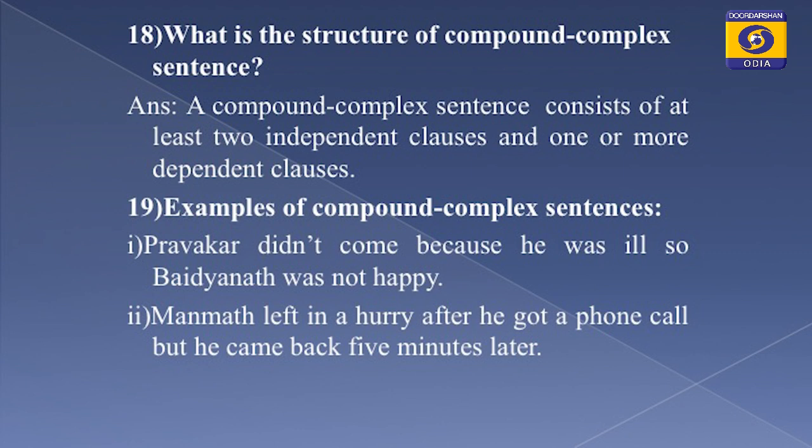Take another example. Manmath left in a hurry after he got a phone call, but he came back 5 minutes later. Here you see, "Manmath left in a hurry" is an independent clause, and "he came back 5 minutes later" is also an independent clause, but "after he got a phone call" is a dependent clause.